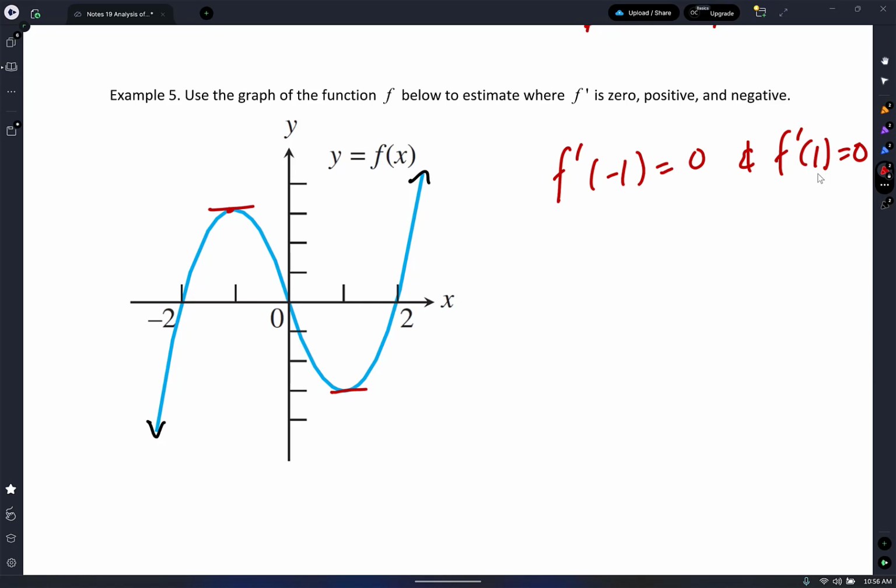And for good notes, I'm going to say we have horizontal tangents at x equals plus or minus 1. All right, tell me where f prime is positive.